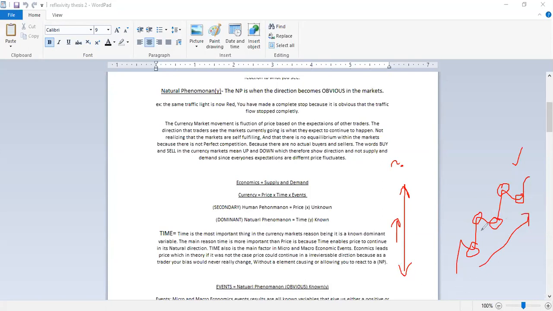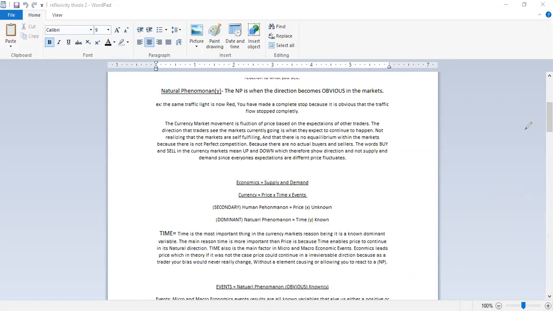If we didn't have these pullbacks, there would be no reason for us to think that the market was going to go down. The market would continue to go up, or continue to go down, basically forever. We wouldn't be able to judge price. Time allows us to do that because time allows micro and macroeconomic events to actually take place.